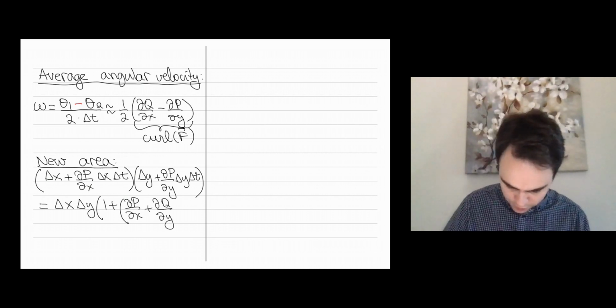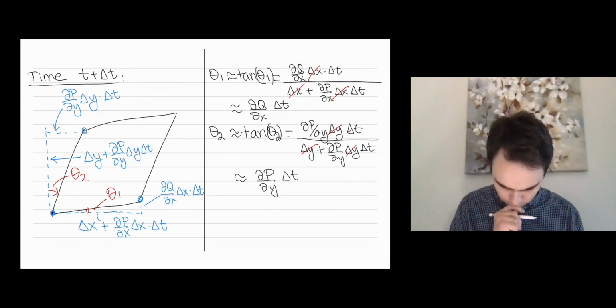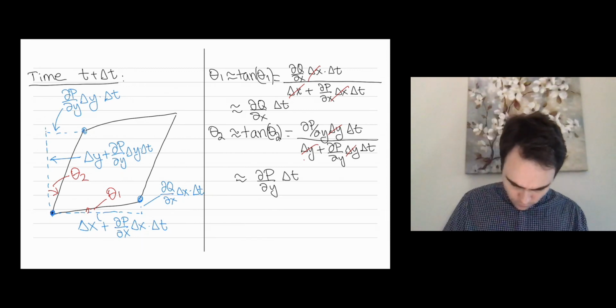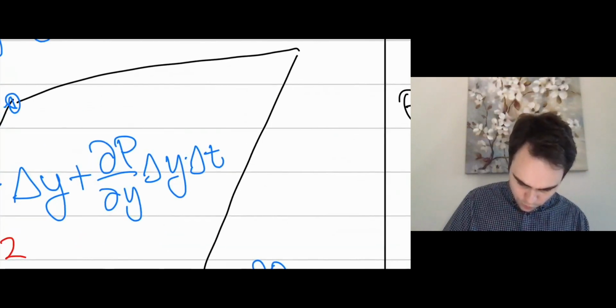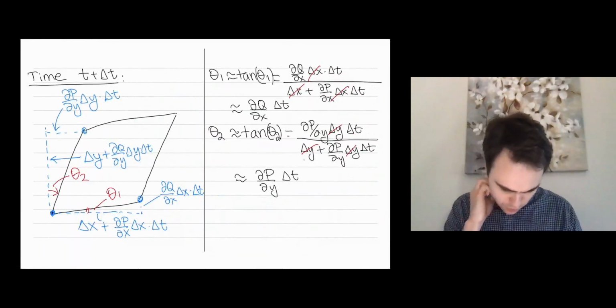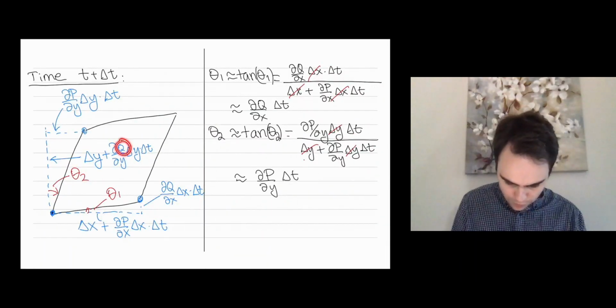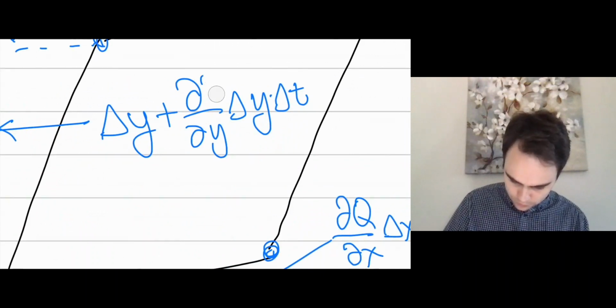Oh, my apologies. So the height, I wrote the wrong formula. My apologies. So this here was supposed to be Q. Sorry if that confused you. So this here is a Q, right? Let's look at the original picture, which was also wrong.